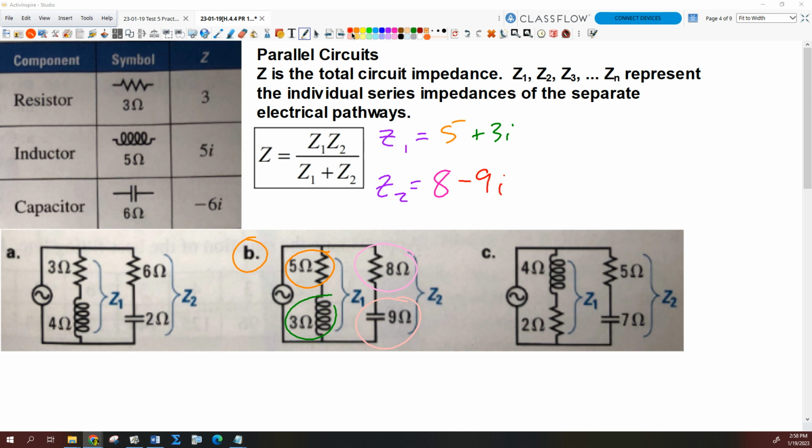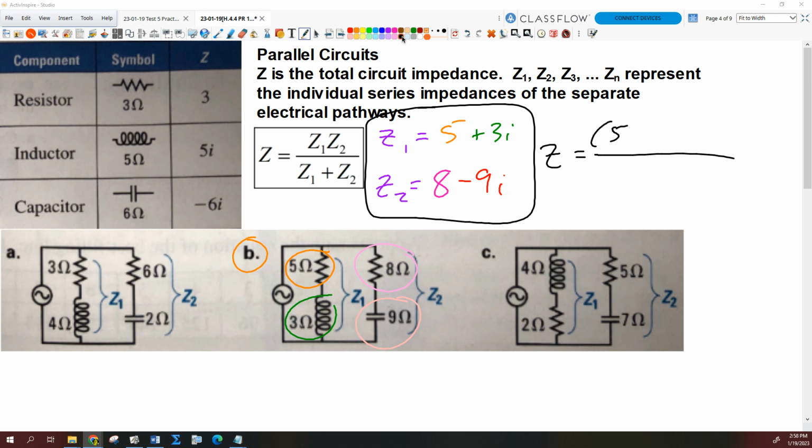Okay. So the overall impedance Z would just equal the product of the impedances. So 5 plus 3i times 8 minus 9i divided by the sum.